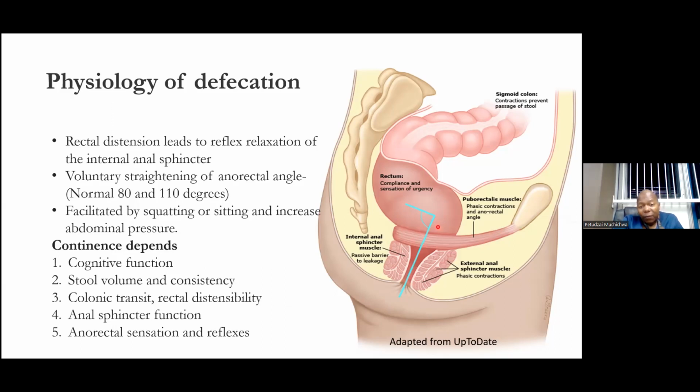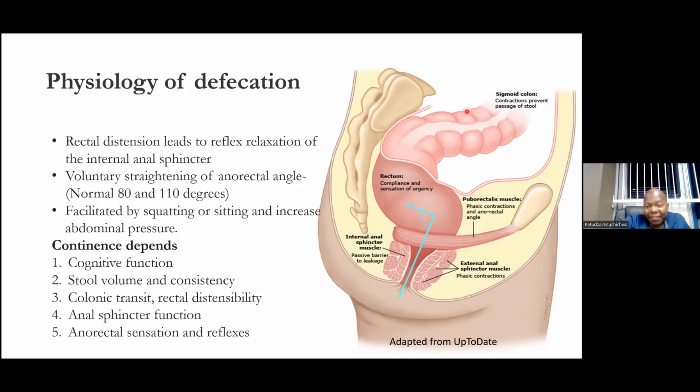This usually forms a key part of the competence of the rectum. So when this relaxes, the angle becomes less acute, more than 110 degrees, because the normal is between 80 and 110.